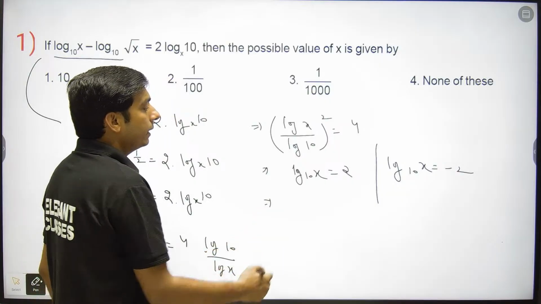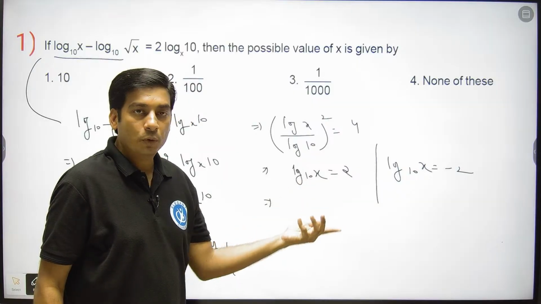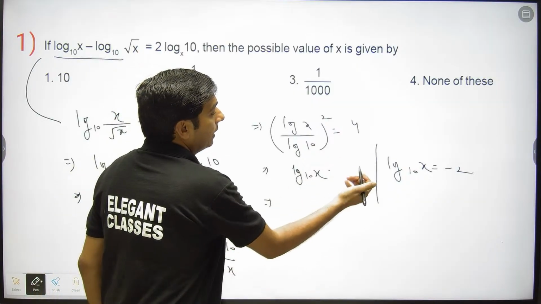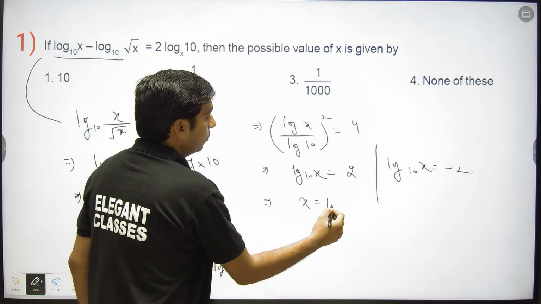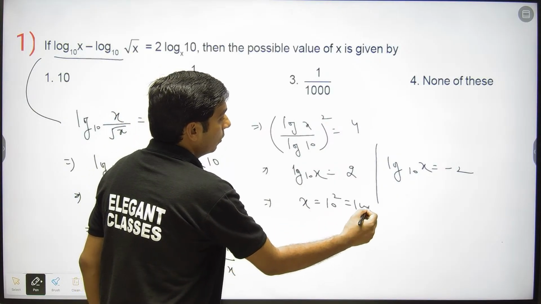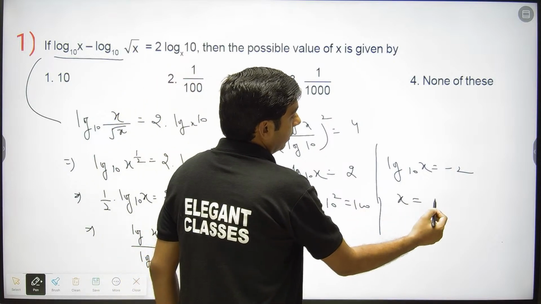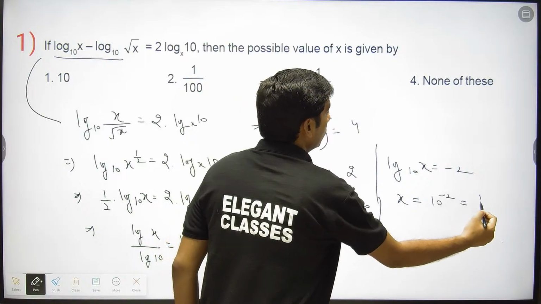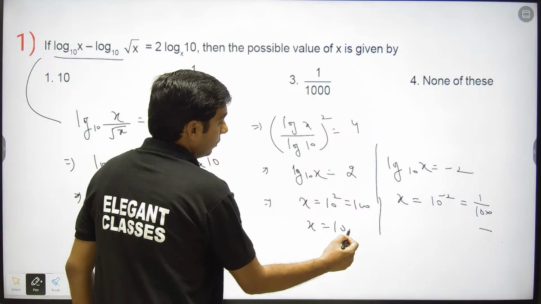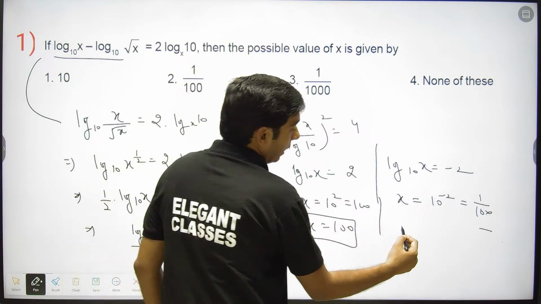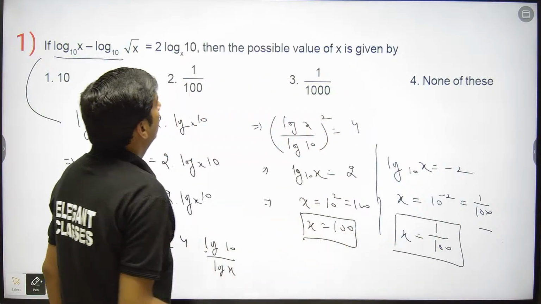Now if we take power of 10 on both the sides, I will get x is equal to 10 to the power 2 or 100, or it will be 10 to the power minus 2 or 1 upon 100. So x will be 100 or x will be 1 upon 100.